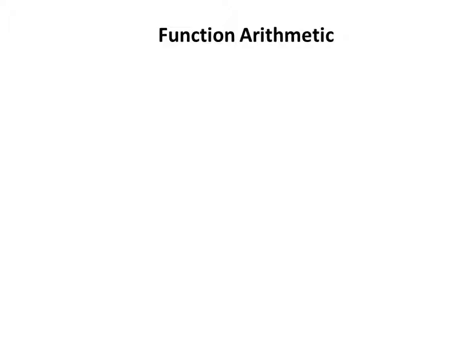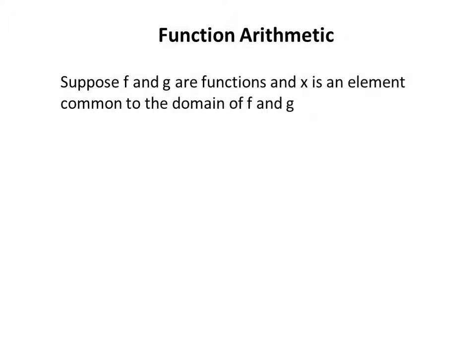The first bullet here is the sum of f and g, written as f plus g, is the function defined by the formula f plus g of x. That means it's f of x plus g of x. In order to add, subtract, or divide, we must have two functions, right?